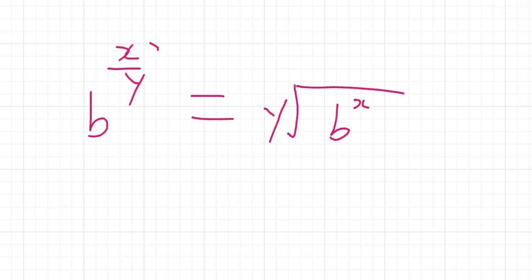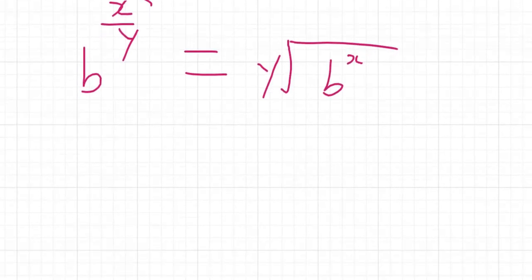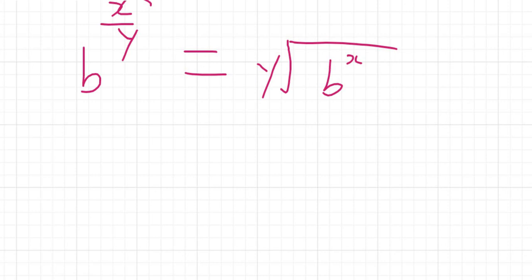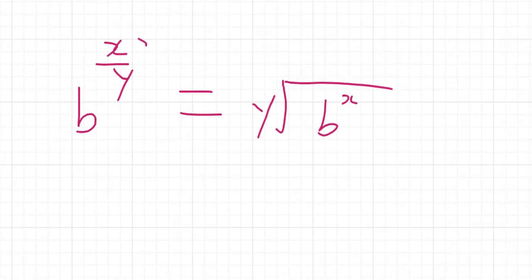So let us look at it. Let us use numbers, for example, to see how this works. So if I had 8 raised to 3 over 2, or we could just say 1 over 2, let's say a half.